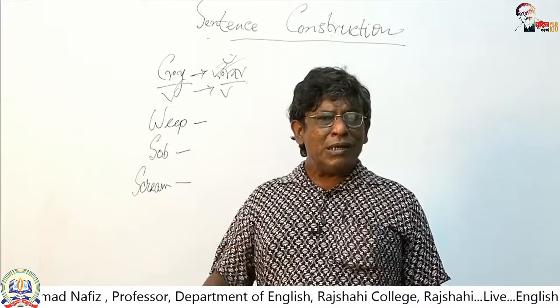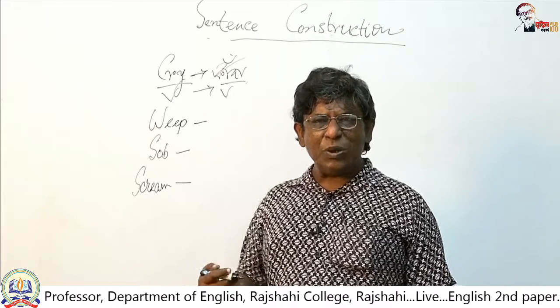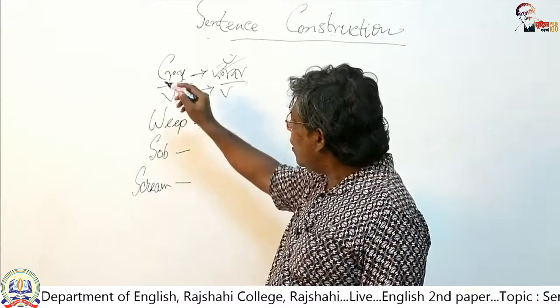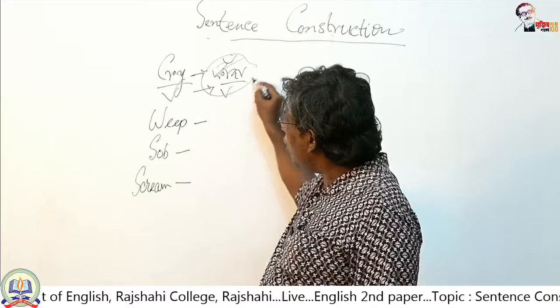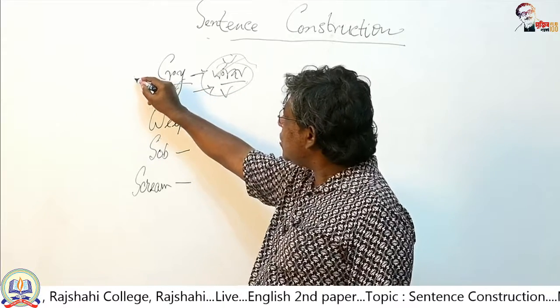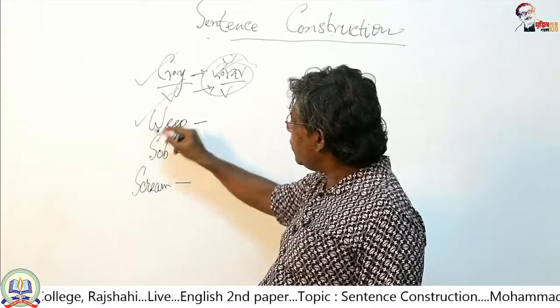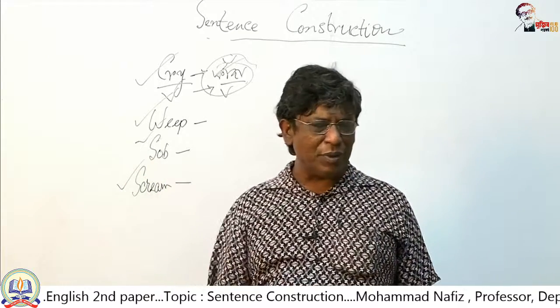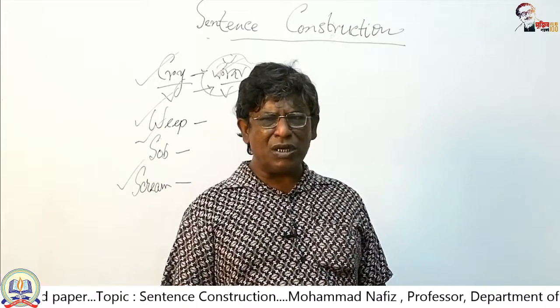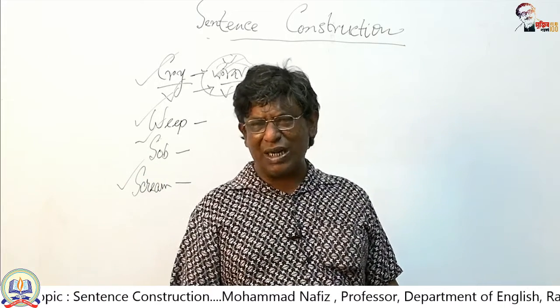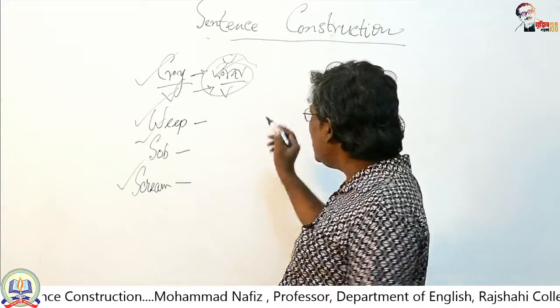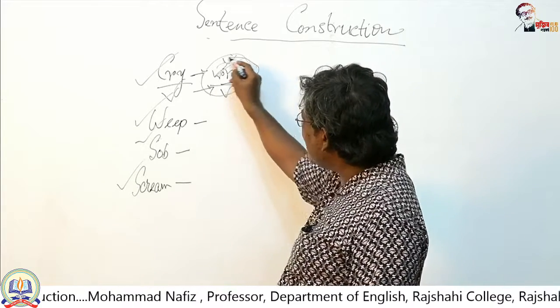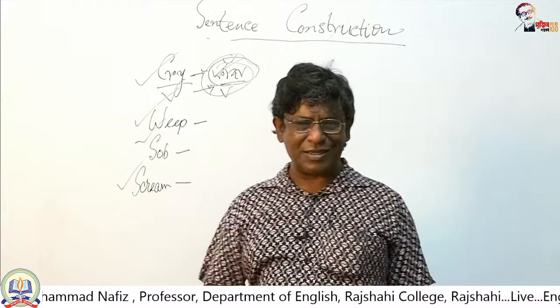Thus, in Bangla, we use a single word kada for the English words cry, weep, sob, scream. In Bangla language, this is not a problem at all or not an error to use this single word kada in all the cases.